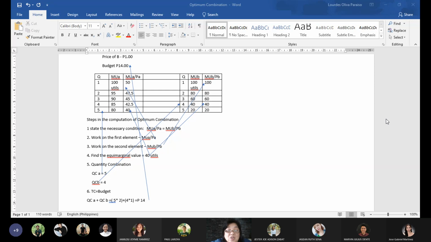Okay, what is the cost of your good A if your equimarginal value is 40? Can somebody please answer it, or you just key in into the chat board so that I get to see whether you understand our lesson today? What is the cost of good A?